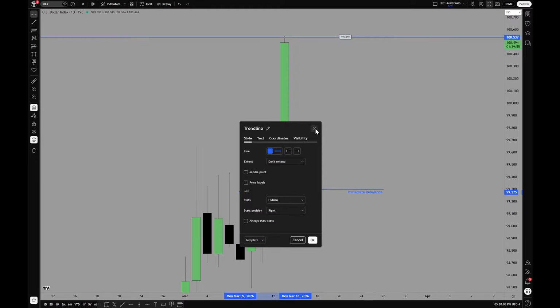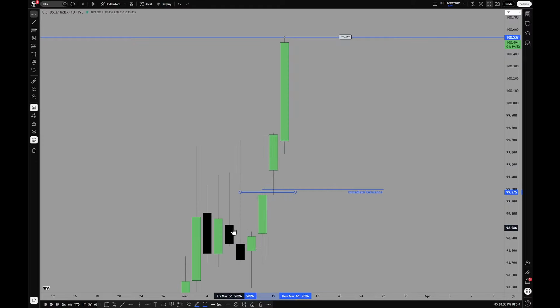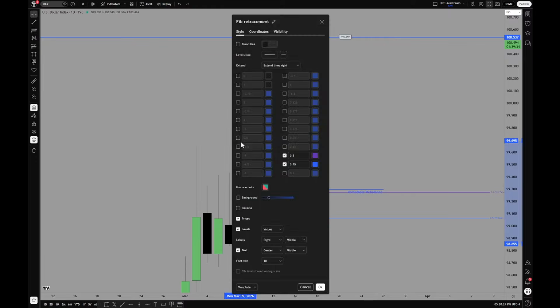Actually, I just realized I measured it and then put that there so that way it comes out clear. Let me show you. From the low to the high, that wick, you can see how it becomes that right there. That's this. You can see that's the only level, and that level is being highlighted.